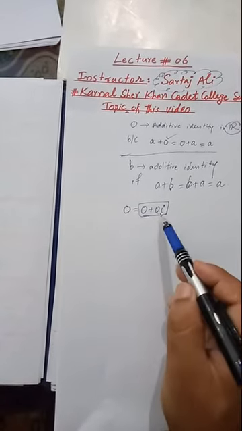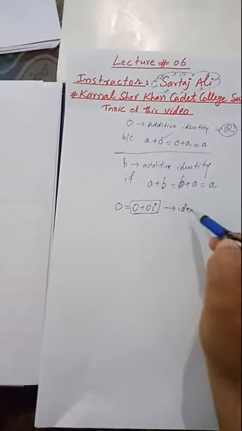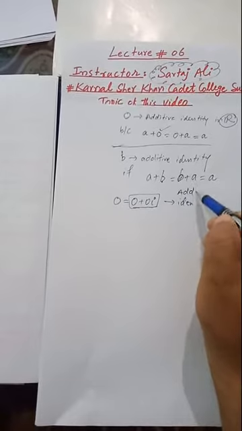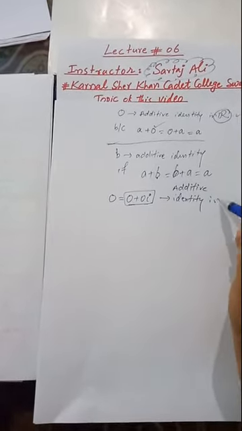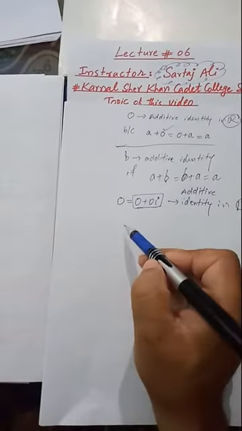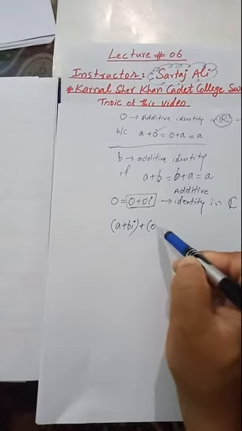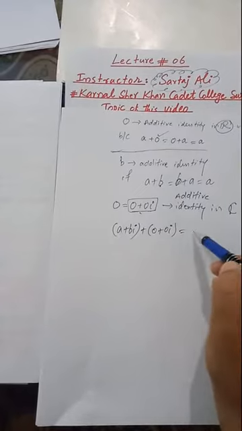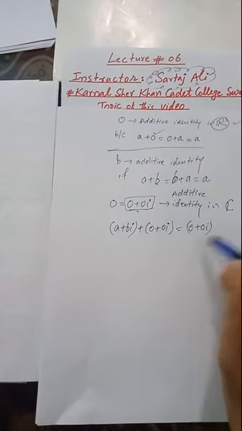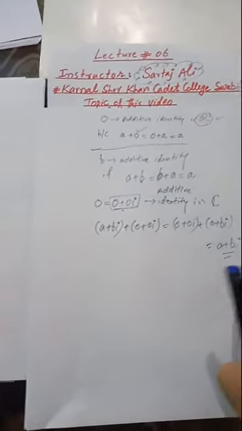So this 0 plus 0 iota is the additive identity in C, because if you add any complex number to this from left or from right, that complex number will remain the same. There will be no change in that complex number.